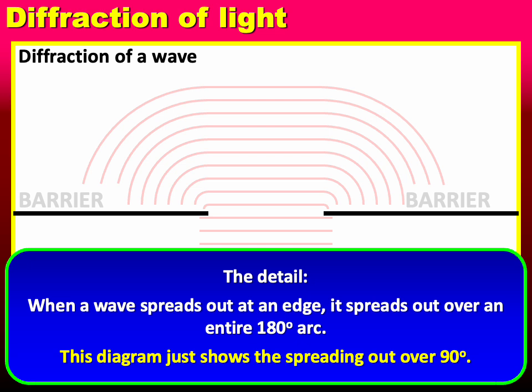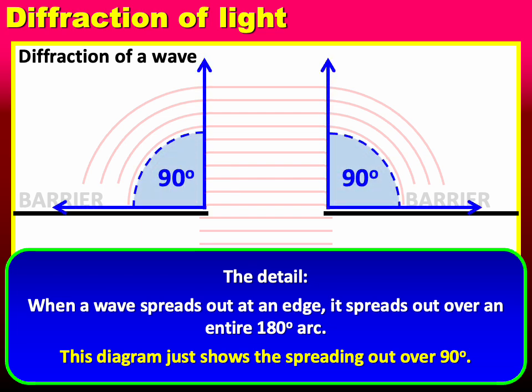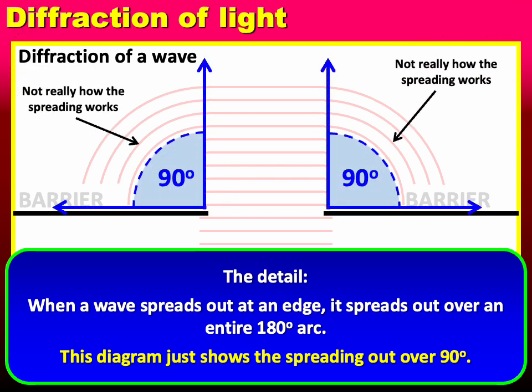It really spreads out over 180 degrees from each edge, and this shows it only bending 90 degrees. And here's what I mean. This diagram only shows the wave on the right side gap spreading 90 degrees, left side gap 90 degrees.